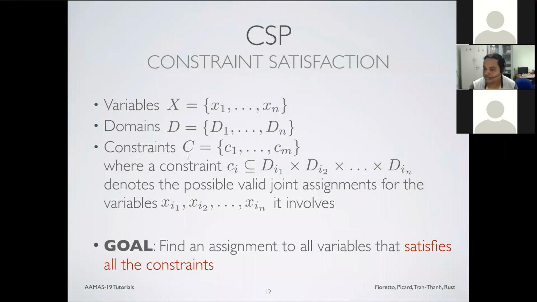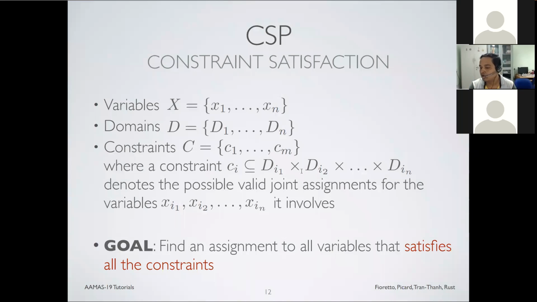Now, what is the constraint? We are writing the constraint in the formal form. Constraint C is a collection of C1, C2, up to Cm, where a constraint Ci is a subset of the domain.